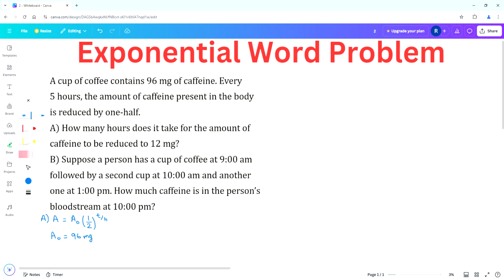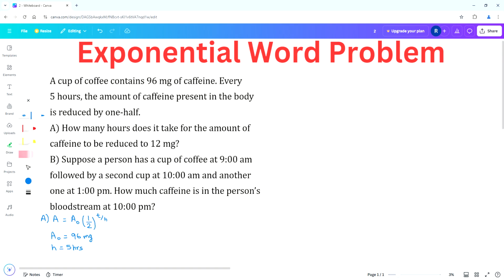Every 5 hours, the amount of caffeine is reduced by half, so half-life is equal to 5 hours. This is a very important concept we need to understand to solve this problem. In part A, we have to find the number of hours after which the amount of caffeine will be reduced to 12 mg.